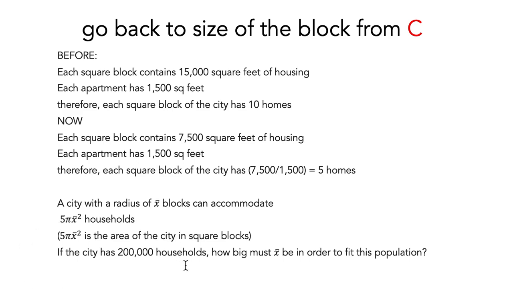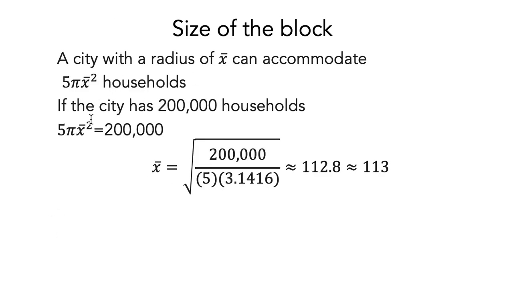Now, if the city has 200,000 households, how big must x bar be in order to fit this population? So we use this equation, 5 pi times x bar squared must be equal to 200,000.